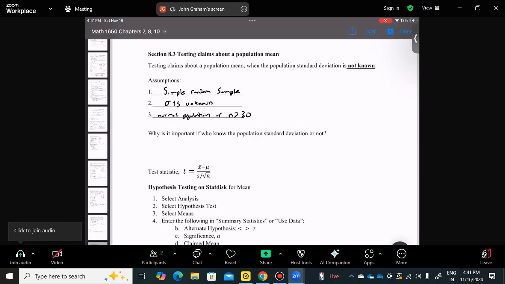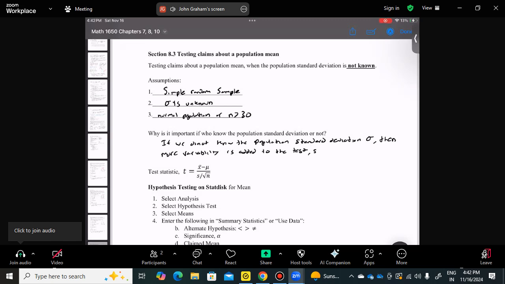It's important because if we do not know the population standard deviation, sigma, then more variability is added to the test.